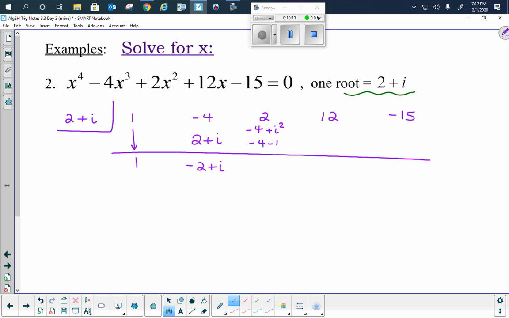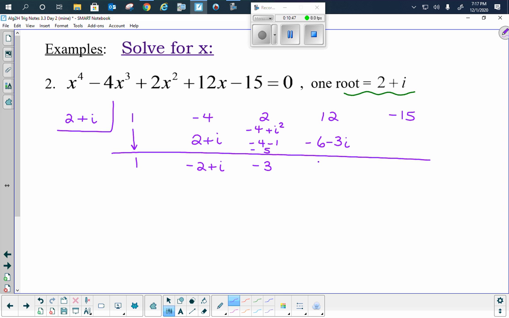Okay, so I just did a little bit of work in there. I'm really looking at what? Negative 5. Okay, so 2 minus 5 is negative 3. And even if you want to put the minus 5 in there, that's fine. Up to you guys. Okay, I'm just trying to show it to you. If you're multiplying negative 3 times the 2 plus i, make sure you distribute it. So you're going to have negative 6 minus 3i. Add straight down one more time.